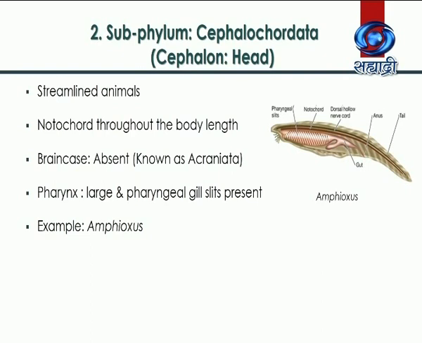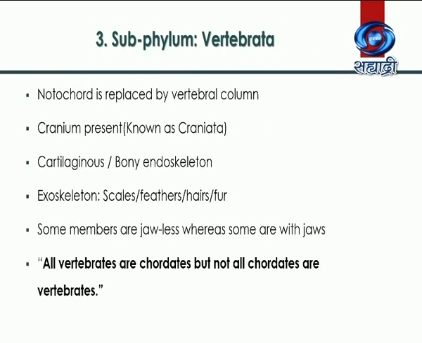These animals are known as acraniata, as brain case or cranium is absent. In these members, pharynx is large and pharyngeal gill slits are also present. Notochord is present throughout the body length. Example is Amphioxus.